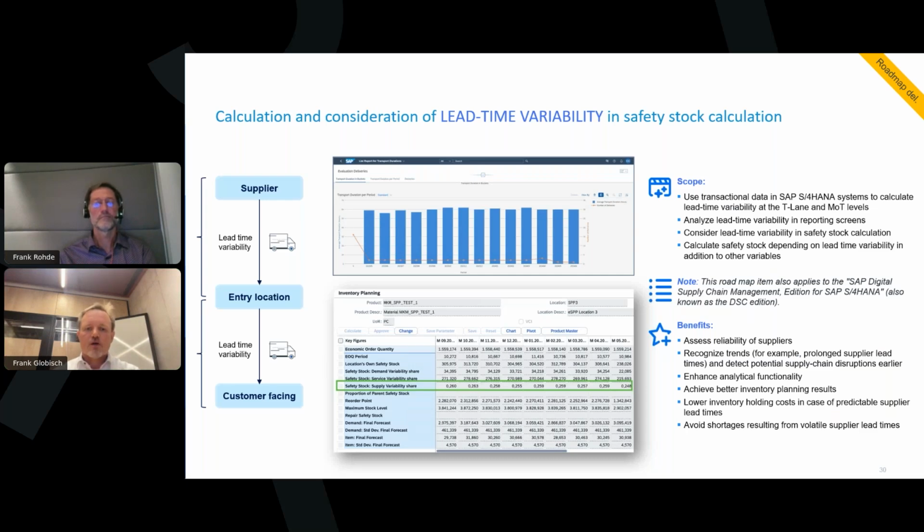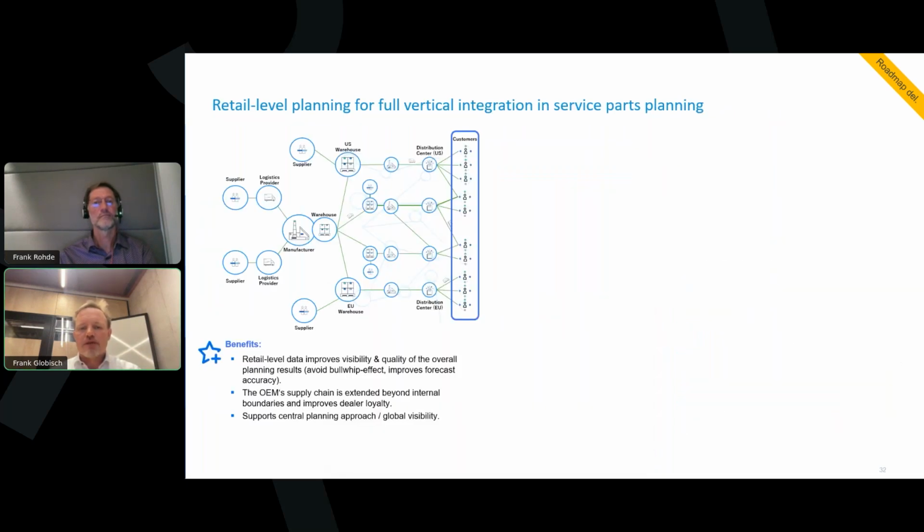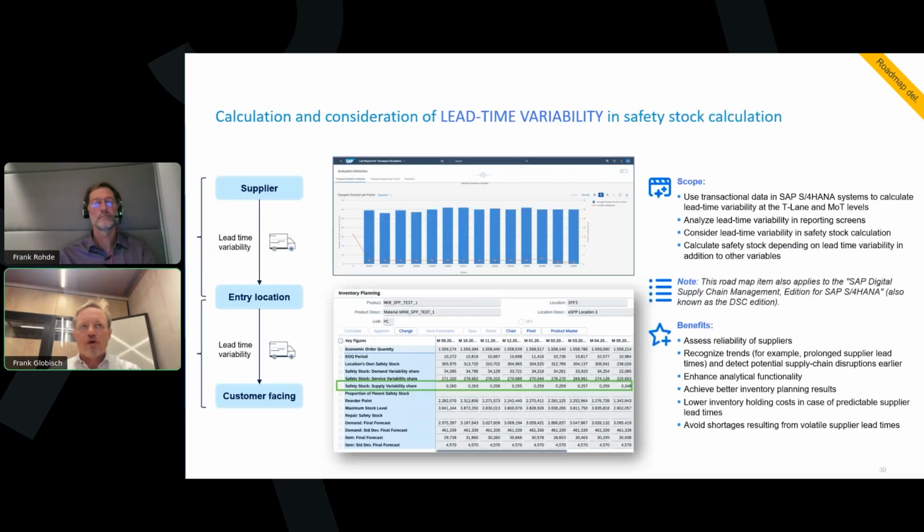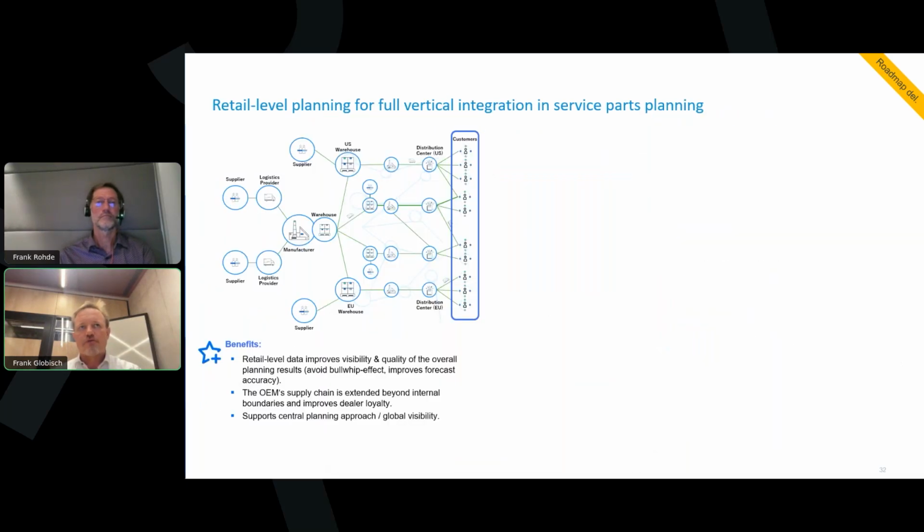So, okay, besides inventory planning, we do have also enhanced with retail level planning. So when we look at our network overall, and you see that here on the left side, the complete network picture, a digital twin of your actual physical situation at many OEMs, where the last mile, so to say, the customer level, was missing so far in eSPP.